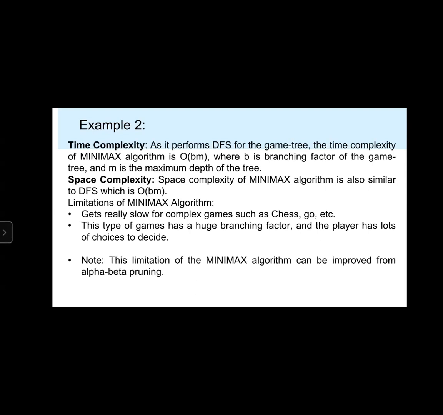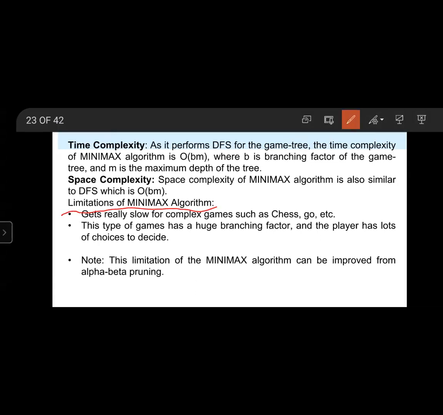What are the limitations of the min-max algorithm? First one, it gets really slow for complex games such as chess, Go, and so on. Next, this type of game has a huge branching factor, and the player has lots of choices to decide from.